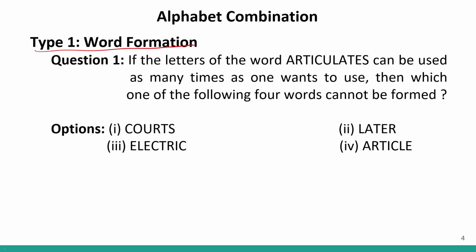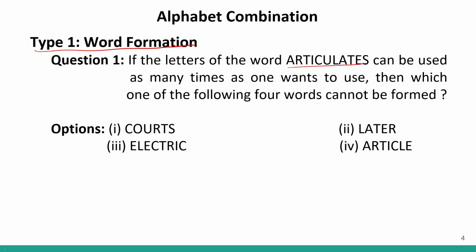If the letters of the word ARTICULATES can be used as many times as one wants to use, then which of the following 4 words cannot be formed? Out of these 4, there is one word that cannot be formed using the alphabets of ARTICULATES.